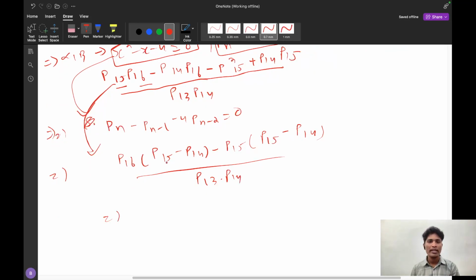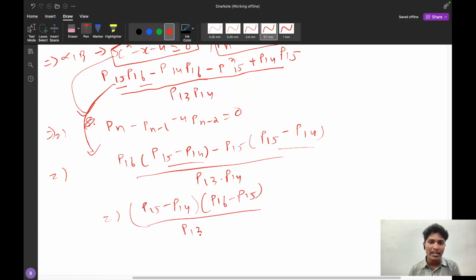Here I can take both common, P15 minus P14. Simplify the expression. In JEE Mains mathematics there are large and large expressions, but they can be simplified easily. Minus P15 divided by P13 into P14.